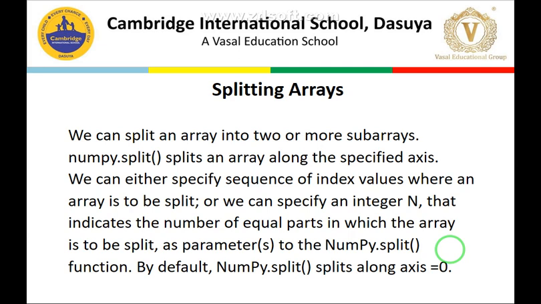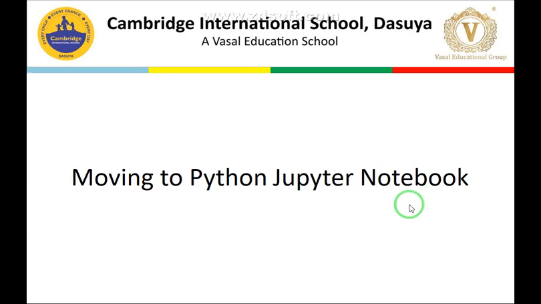So we can split a matrix along the axis equal to 1, meaning row wise or column wise, depending upon the requirement. So now we'll take an example that will give you a better view of how we can split the matrix. Clear? So for better understanding, now we will move to the Jupyter notebook.